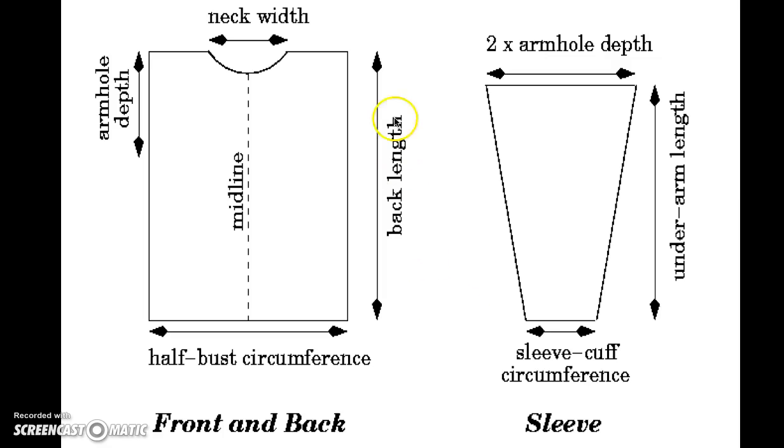It's also important to measure your back length and half bust circumference, or I usually just do a full chest measurement all the way around. You've got to know how wide your neck is, and again, armhole depth here. And it's a good idea to measure from where you want your collar to sit to the bottom of your sweater.